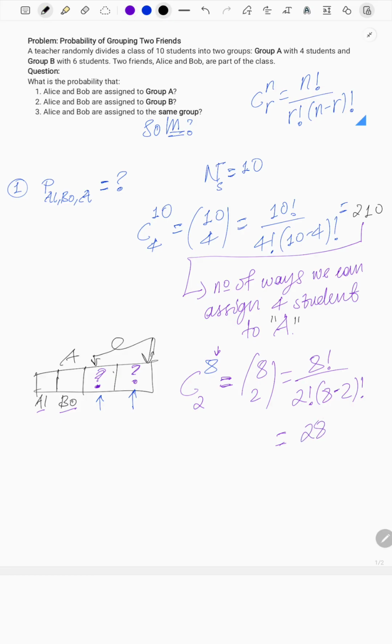So we have 28 ways where Alice and Bob are in Group A together.